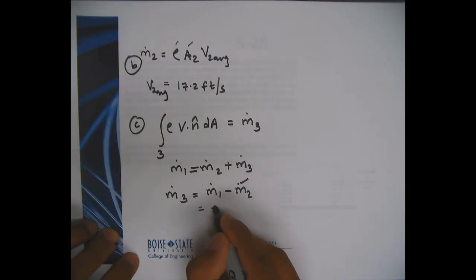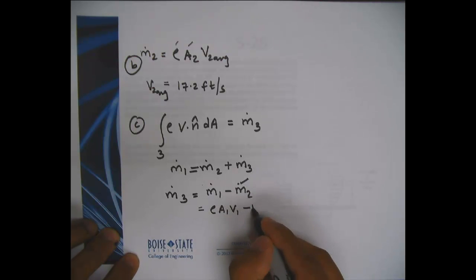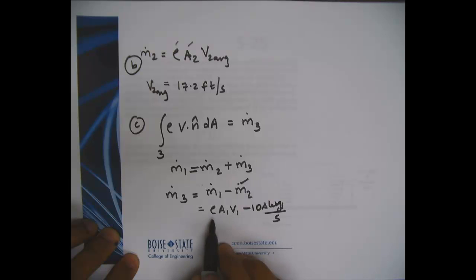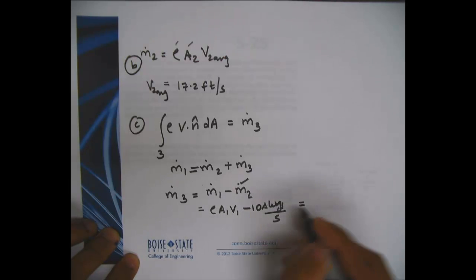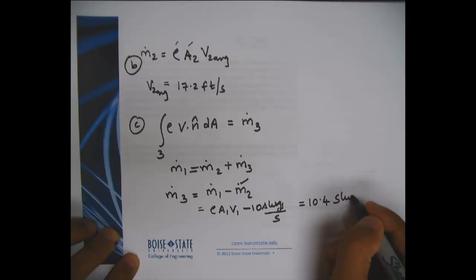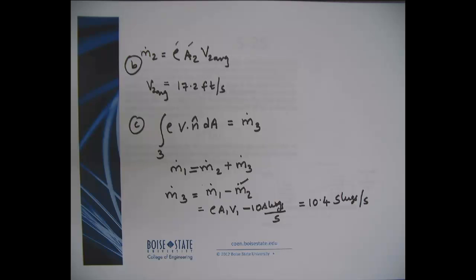So that would be rho A1 V1 minus 10 slugs per second. If you put in the numbers here, you should determine that m dot 3, or this quantity here, would be 10.4 slugs per second. So this is how you solve this particular problem.